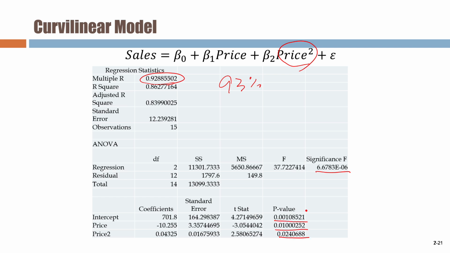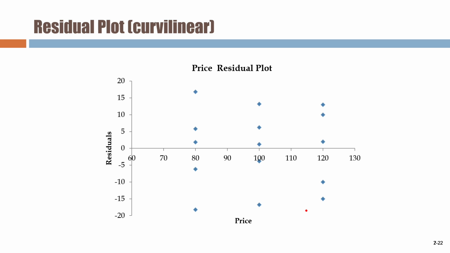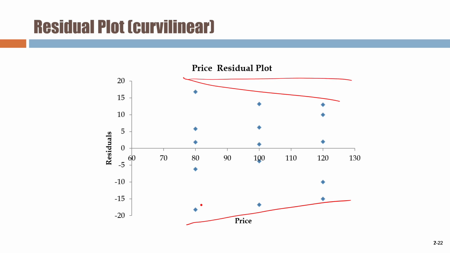Everything is fine. So clearly, this model is better than the previous one. Now if we plot the residual plot, however, this is way better than the previous one. It's close to a flat residual. So obviously, this residual plot is better than the previous one.